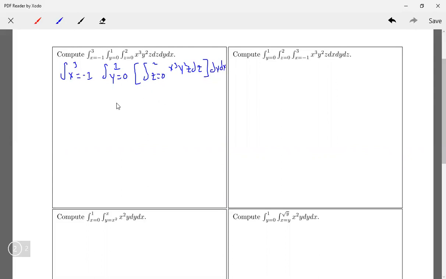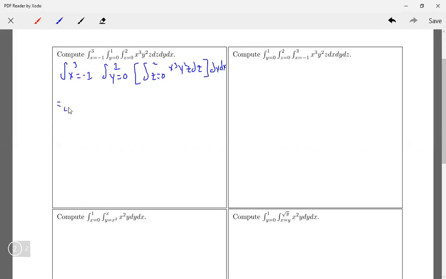And let me just point out that the order of the integrals here has to match up with the order of the differentials. So notice that we have a z on the inside and we have a dz on the inside. We have a y in the middle, we have the dy in the middle here, and x is on the outside and dx is on the outside there.